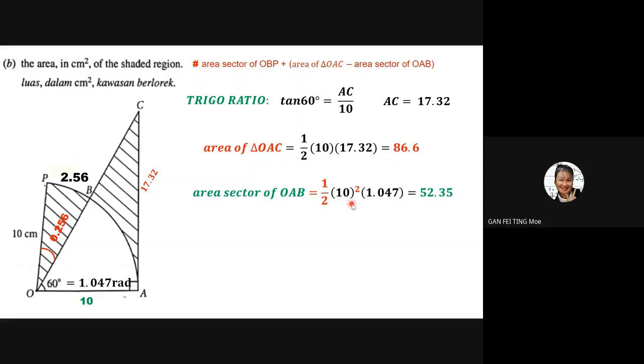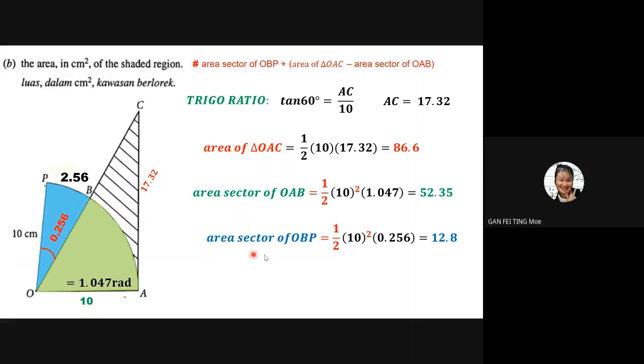I hope that Cikgu harap anda semua ambil calculator, tekan calculator masing-masing, dan semak jawapan. Adakah masa kamu tekan kalkulator, kamu dapat jawapan yang sama atau tidak? Okay, then after that, kita pergi ke this one. Warna hijau. So, area of sector OBP. Bahagian ini pula yang warna biru.